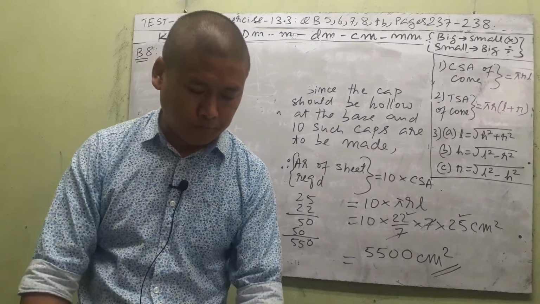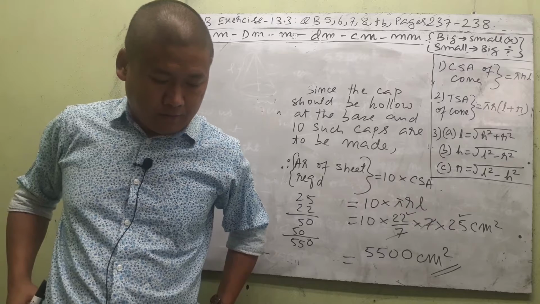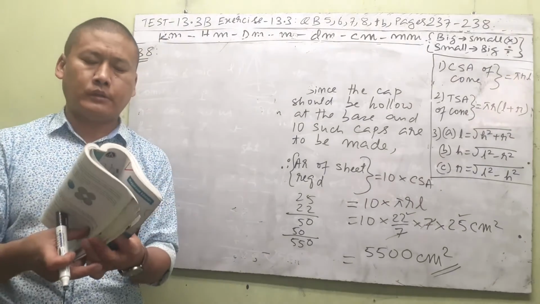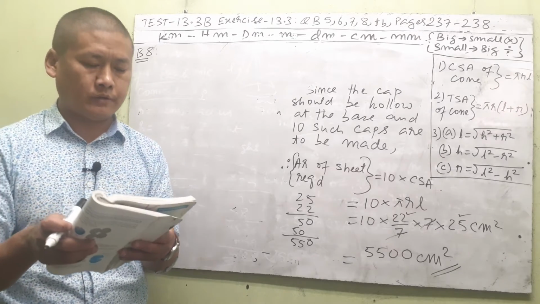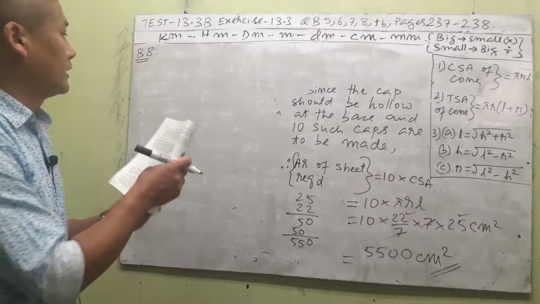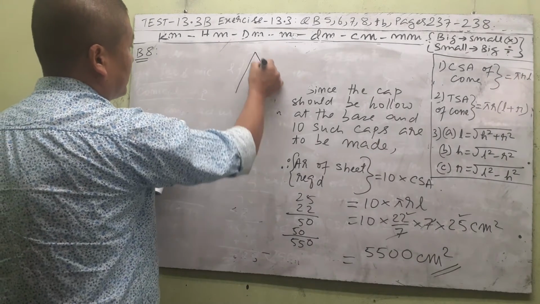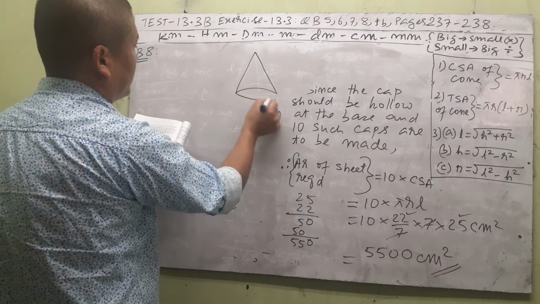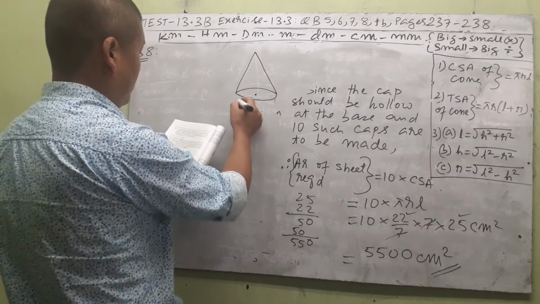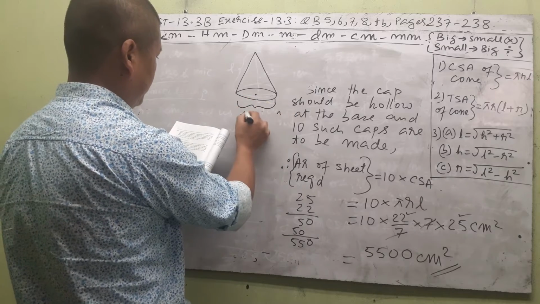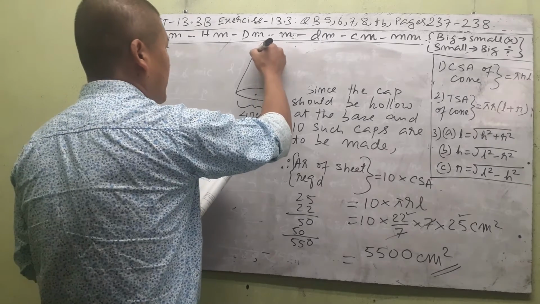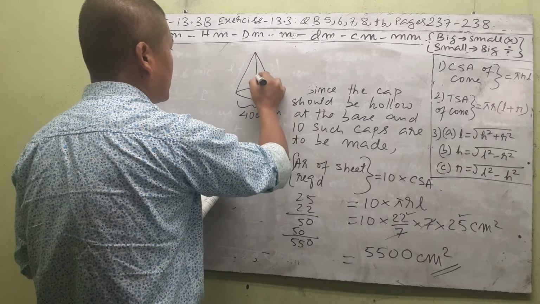A bus stop is to be barricaded from the remaining part of the road by using 50 hollow cones made of recycled cardboard. Each cone has a base diameter of 40 centimeters, so from here to here is 40 centimeters, and the height is the line joining the sharp point, the vertex, to the center.